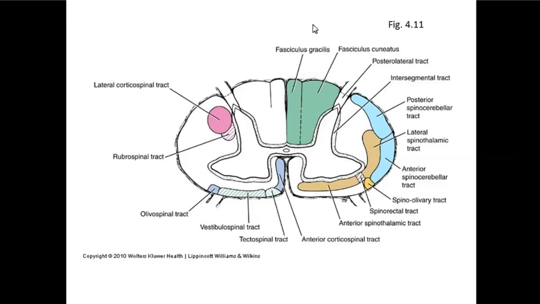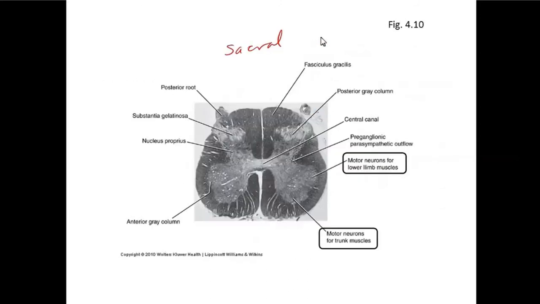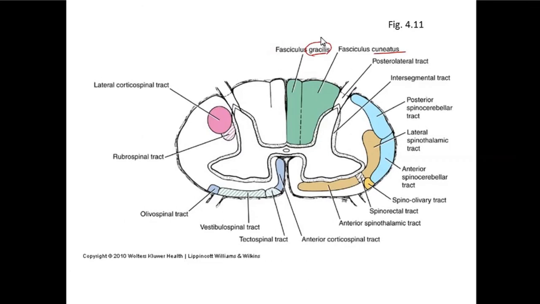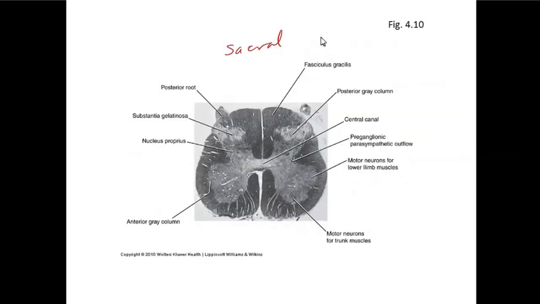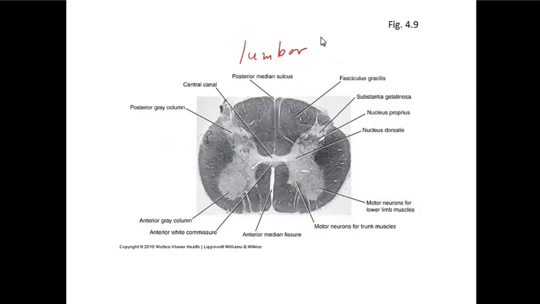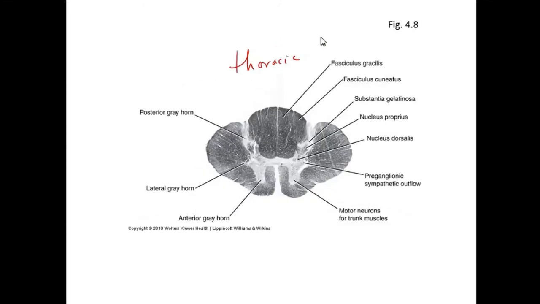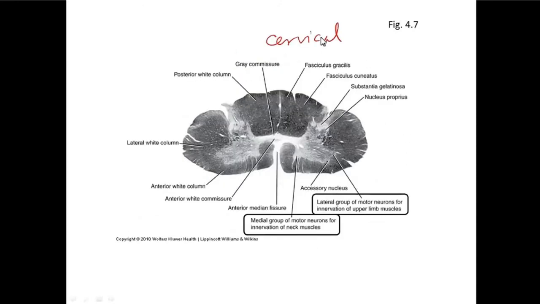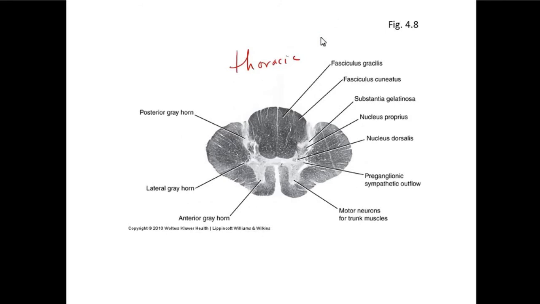Now, here's a composite of a spinal cord cross section. Notice how you see here in the dorsal column a fasciculus gracilis and cuneatus. So notice how you see fasciculus gracilis, you see cuneatus only in the cervical and in the thoracic.